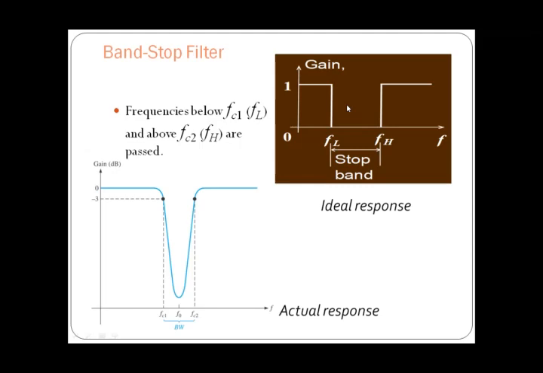It does not allow signals in the selected frequency band and allows all other signals beyond that band. So the pass band is below FL and above FH, whereas the stop band lies between FL and FH.